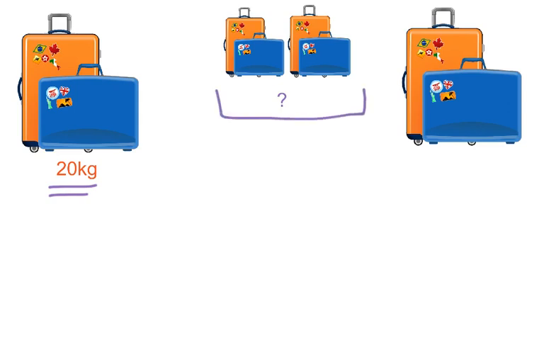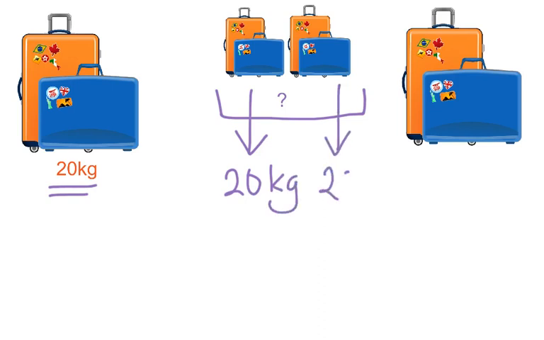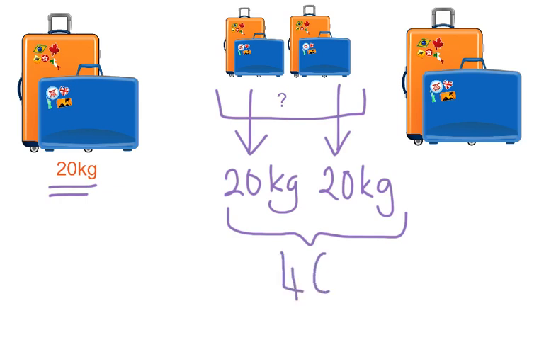What's the mass? 1 is 20. So I know this one must also be 20. So I'm going to use my number knowledge. How much do I weigh together? Well done. 40 kilograms.